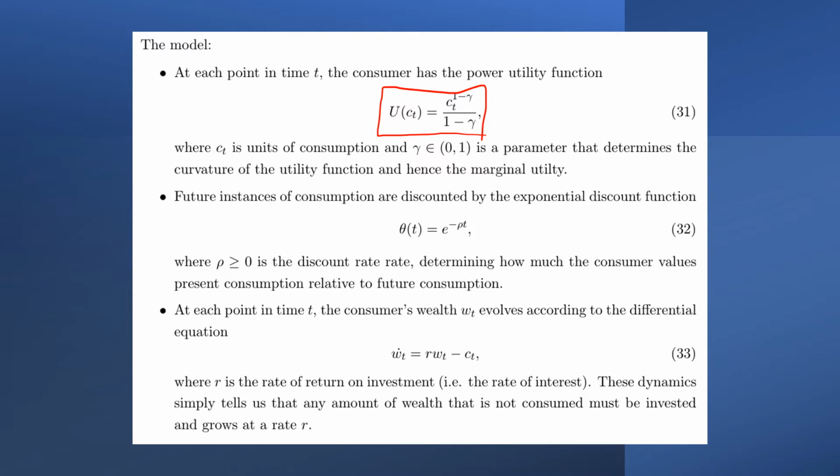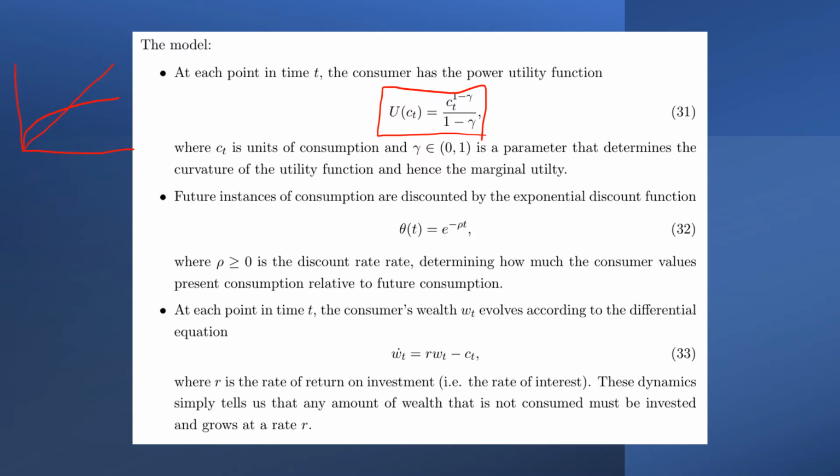If gamma is close to 0, we have an almost linear utility function, basically looking like this. While if gamma is close to 1, the utility function will be very curved, looking more like this. So the higher gamma, the more will marginal utility decrease in consumption.